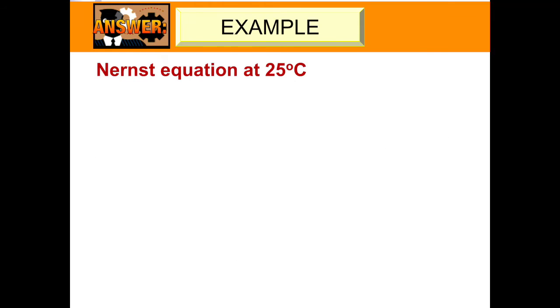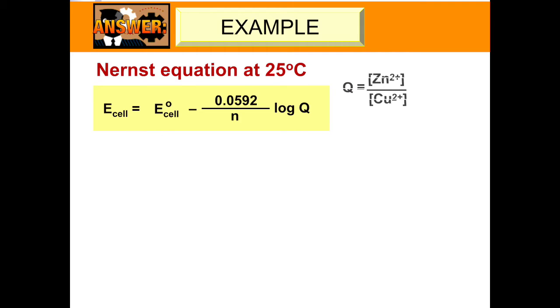Then, if we use this value of E0 cell in the Nernst equation at 25 degrees Celsius, we will get the answer for cell potential E cell. Substitute the information into the formula.